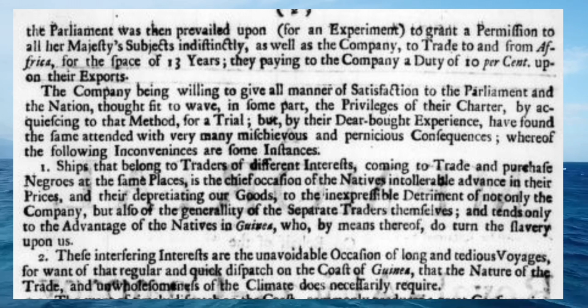Let me keep reading. At the same place is the chief occasion of the natives' intolerable advance in their price and their depreciating our goods to the inexpressible detriment of not only the company but also the generality of the separate traders themselves, and tends only to the advantage of the natives in Guinea.